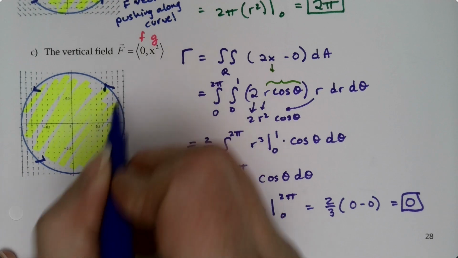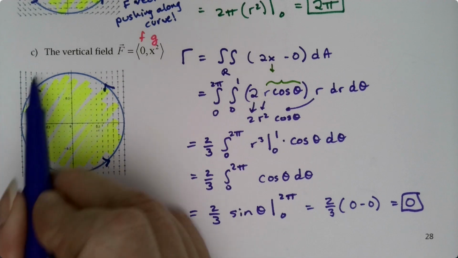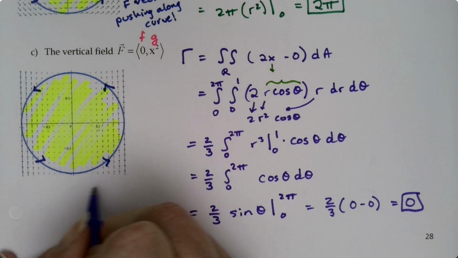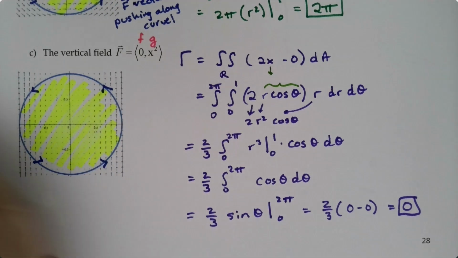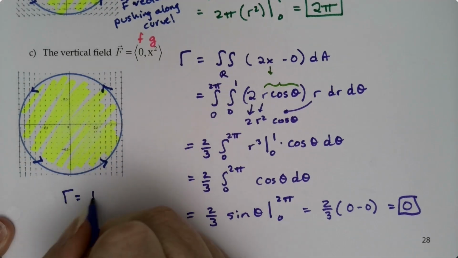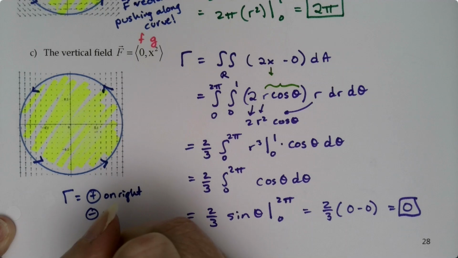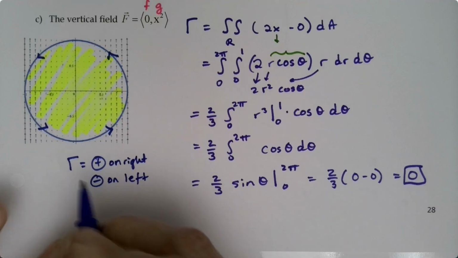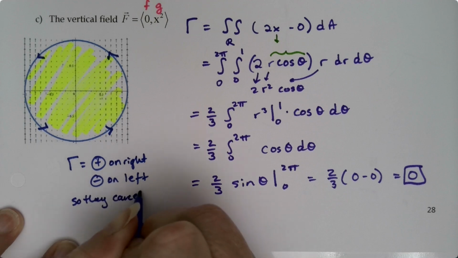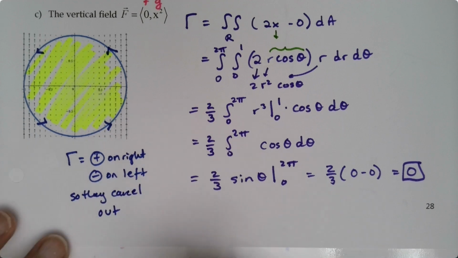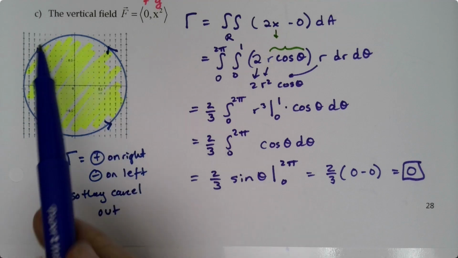So the circulation is positive over on the right and it's negative over on the left in the exact same amounts, so they cancel out. Because it's the same amount on the left as it is on the right. It's just positive over here and negative over here.